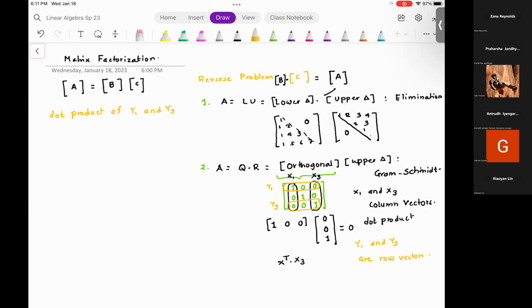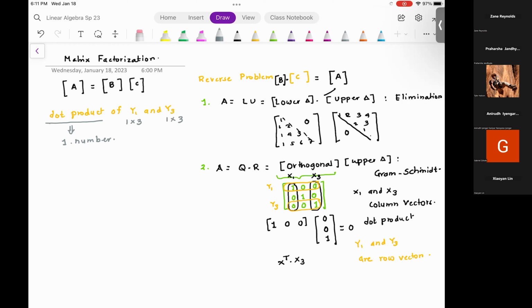If I want to take the dot product of y1 and y3, the dot product is a scalar product, which means at the end we are going to get just one number. So y1, if you think about it, is one row, three columns. y3 is also one row, three columns.